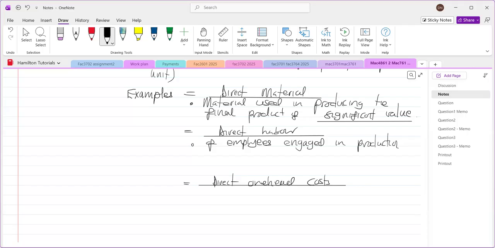Then direct overheads. Remember, I'm listing examples. It can be anything, or any costs, as long as there is one factory and one product being produced.